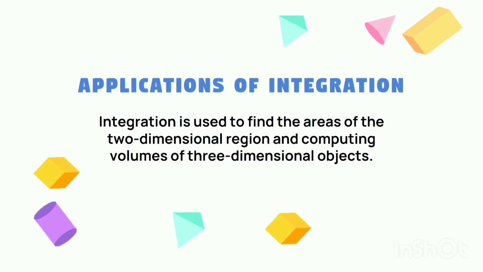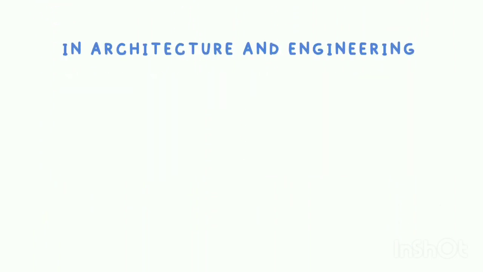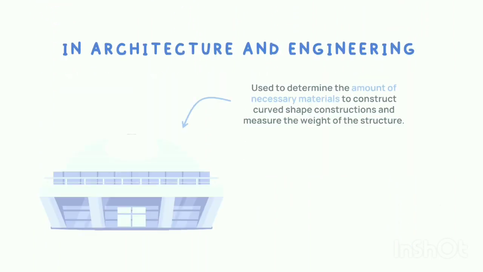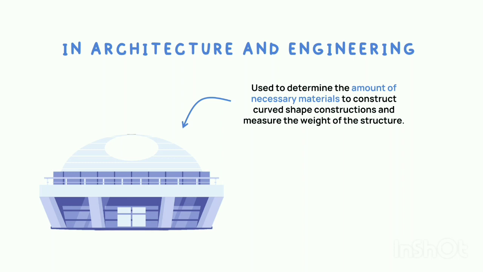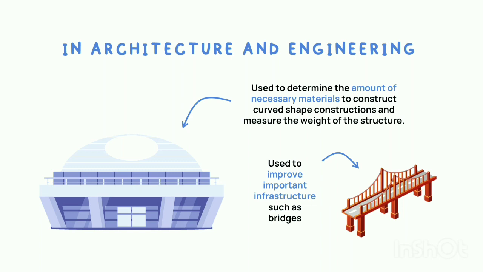One example is an architect or engineer who may use integration in determining the amount of material necessary to construct a curve-shaped structure, for example, a dome over a sports arena, and also to measure the weight of that structure. Integration can be used to improve the architecture not only of buildings but also of important infrastructure such as bridges.